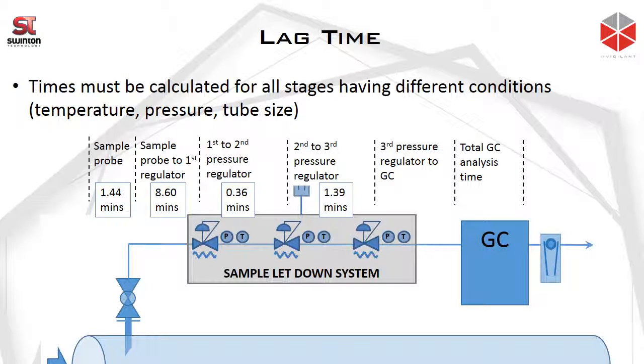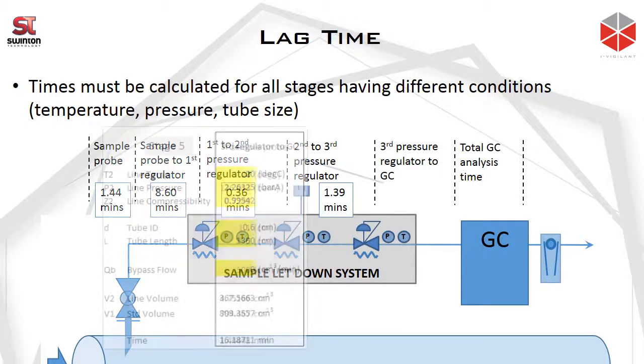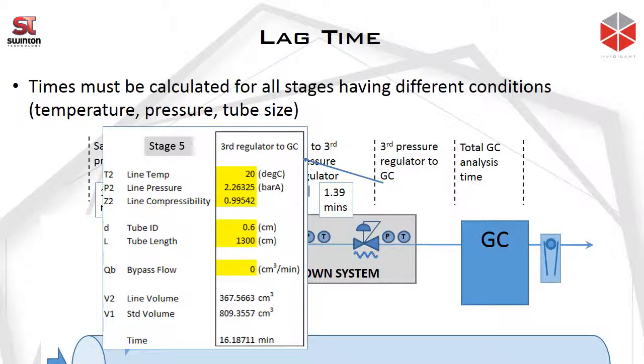So stage 5 is the third pressure regulator to the GC. So there's been a further drop in pressure, so this now makes it safe for the sample to enter the GC. Line compressibility again has been recalculated and has increased due to the drop in pressure.